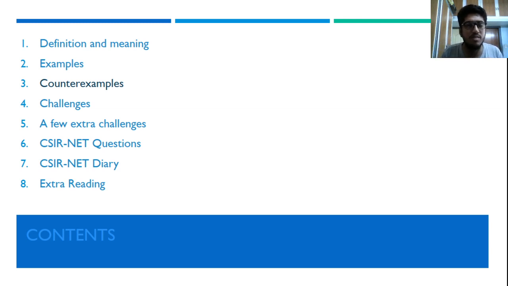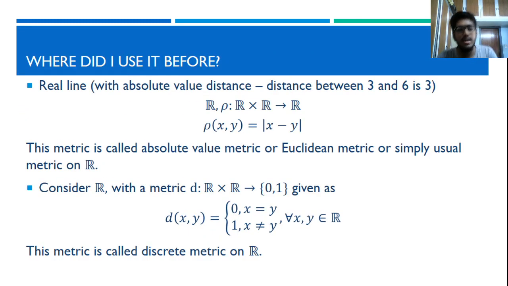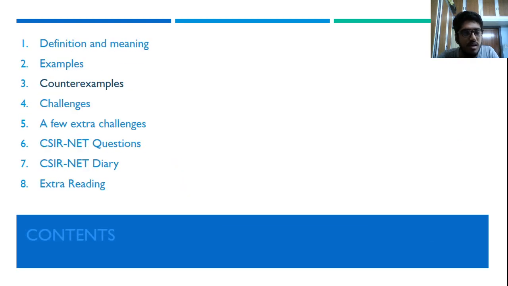The Euclidean metric is nothing but our absolute value metric on R. And we noticed that the Euclidean metric cannot be applied on any given set, but it can be restricted to subsets of R, or extended to R square, R cube, R to the power n, the Cartesian products of R. We will see that in some time, possibly when we come to extra reading materials and extra puzzles. Hopefully that will be done tomorrow or the day after tomorrow.